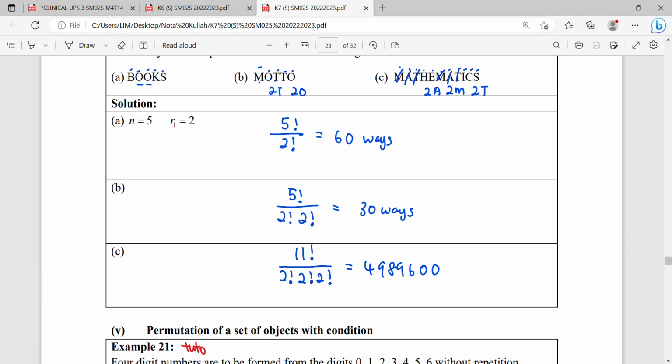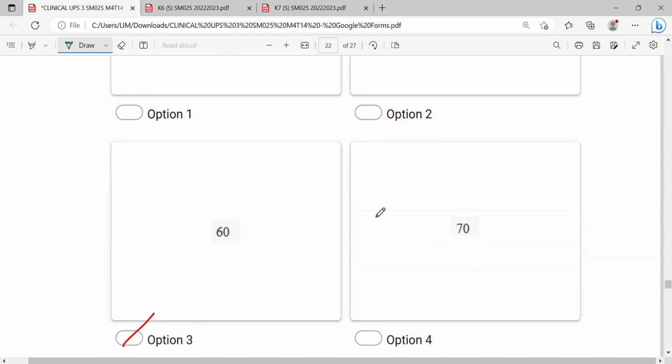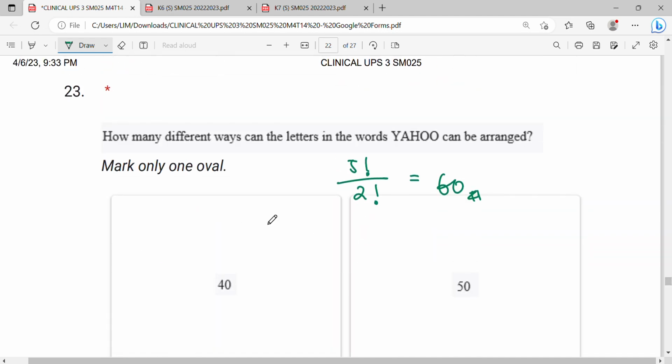Okay, konsep ni. So berapa ni? 5 factorial, divide with identical, 2 O's. How much? 60. Dah. Simple.